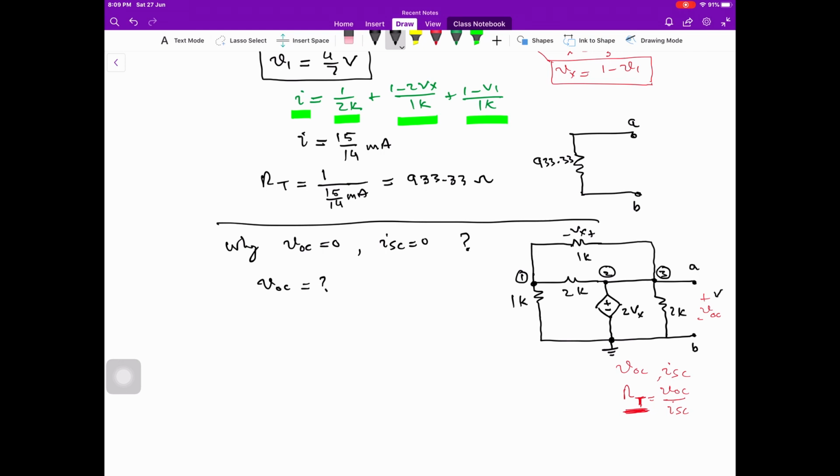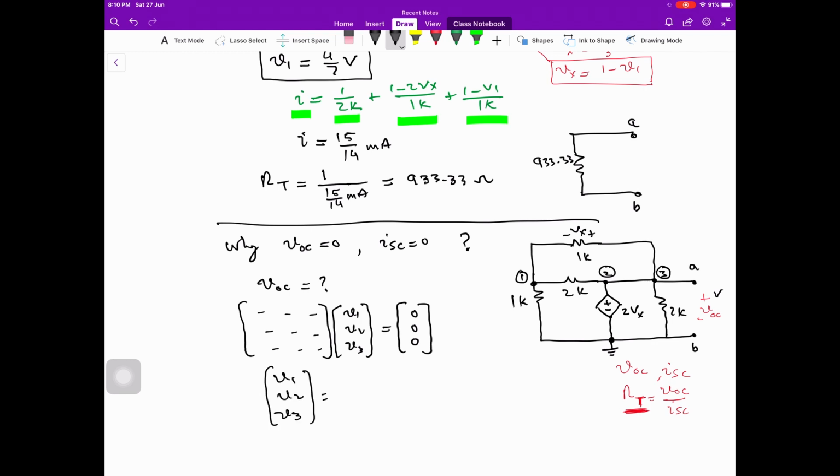If we write node equations, in matrix form we will have V1, V2 and V3, and over here we have a matrix with some elements, and strangely you will see that the right hand side matrix consists of all 0 elements.